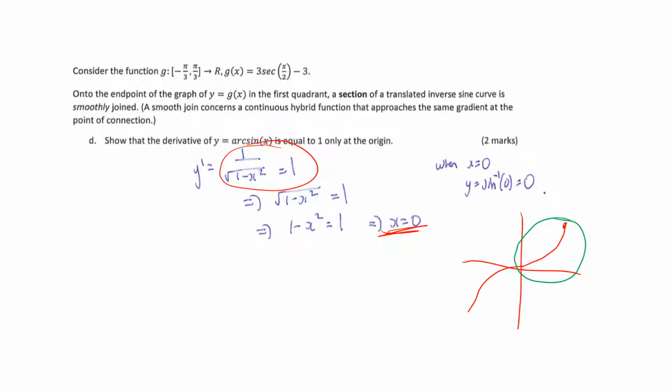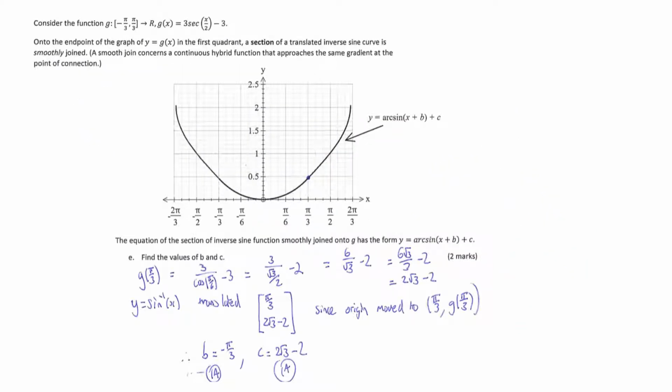So that becomes relevant for where we're going. Okay, so this is the section of our inverse sine graph that we're going to add onto our g of x at x equals pi on 3. Okay, and it's going to be that smooth join, so it's going to share a gradient of 1 at that point, okay?